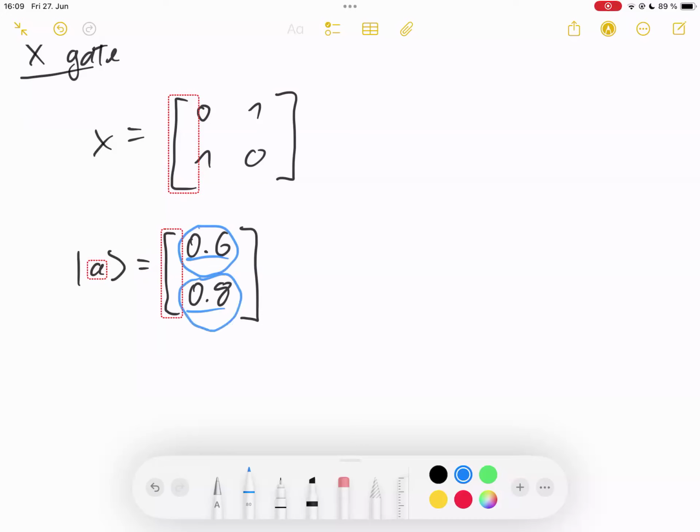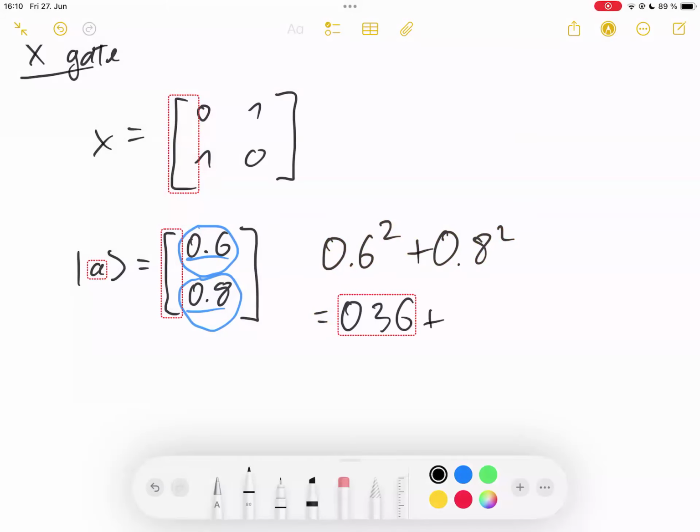And if you have a real number, which is 0.6, or this real component 0.6, which is the real component of our complex number, and you take its modulus, the modulus is just 0.6, but we square the modulus, so 0.6 squared, and we take the modulus of 0.8, which is 0.8, and square it, then this is 0.36 plus 0.64 is 1.